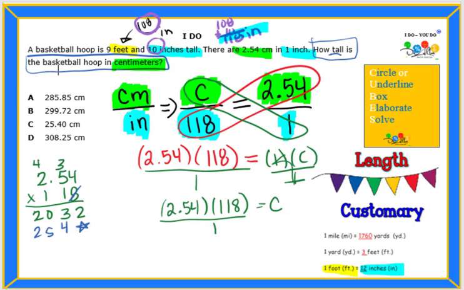Now I am done with the 1, so I put a placeholder, and I still need another placeholder for the other number. Then I start on this place because I am multiplying by this 1. 4 times 1 is 4, 5 times 1 is 5, and 2 times 1 is 2.